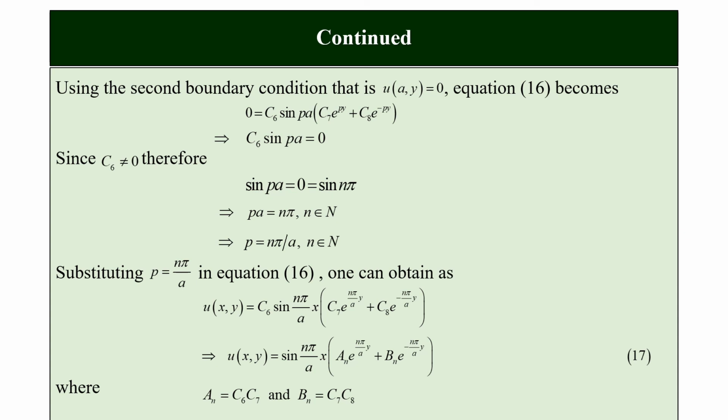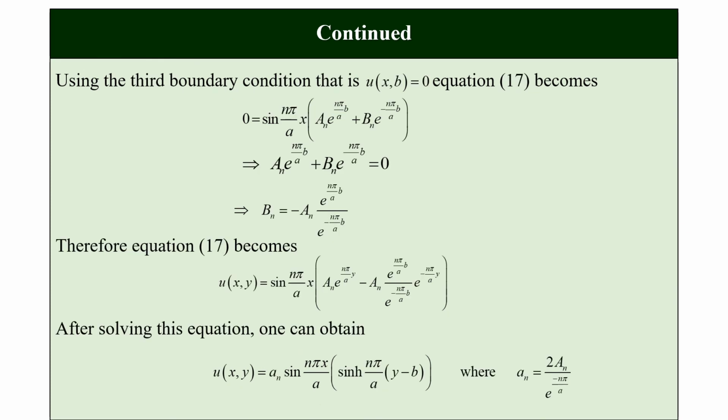So in solution 17 we have used the two boundary conditions, and after that we use here the third boundary condition, and our third boundary condition is u of xy is equal to 0, that is when y is equal to b, u is again equal to 0.